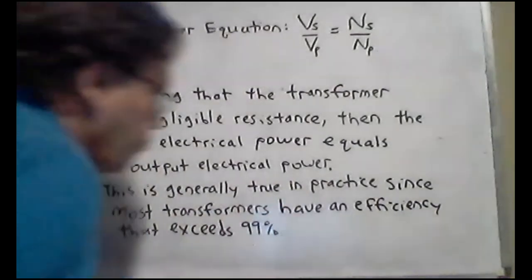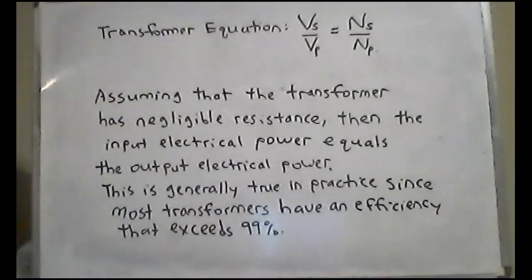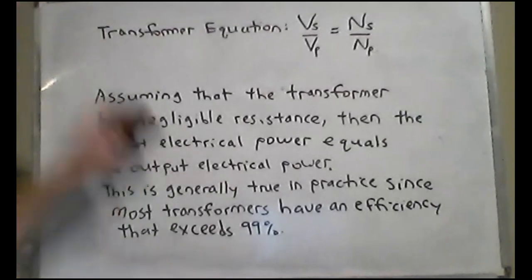So most of them are extremely efficient, highly efficient. And so you can literally say that the input power, the power at the primary, is equal to the power at the secondary. So what does that mean equation-wise?